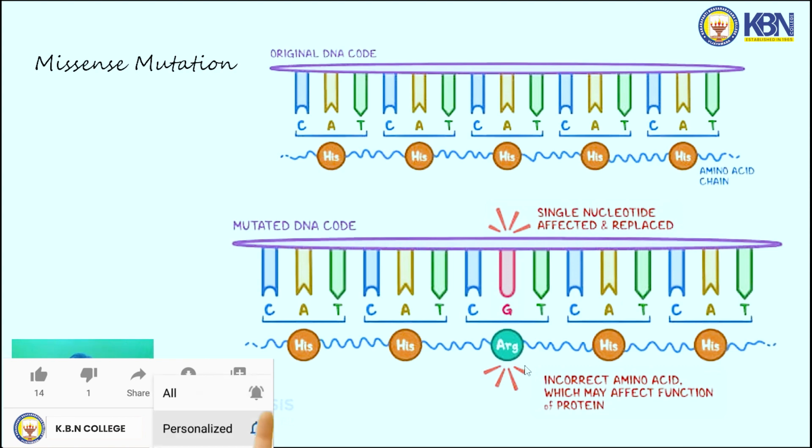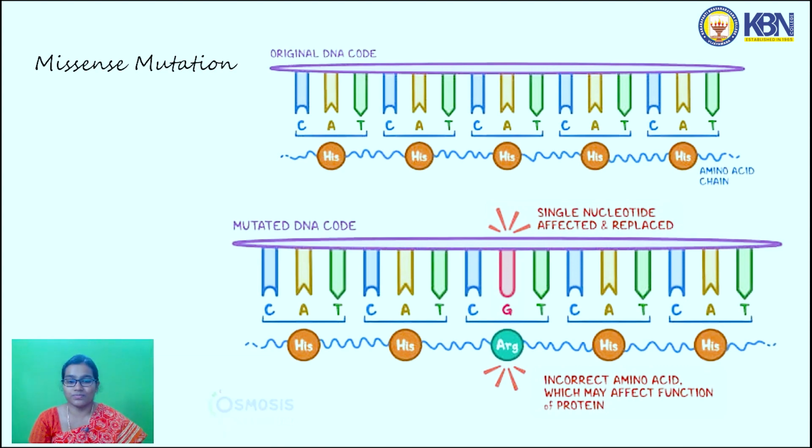The complete amino acid has changed, and a change in amino acid will lead to a change in the complete protein, right? So this missense mutation is caused because of only one nucleotide. We call it point mutation, the mutation that happens at only one point, at one nucleotide.